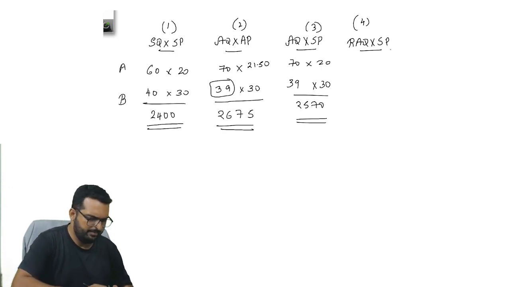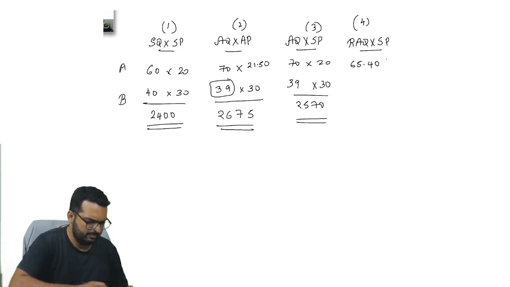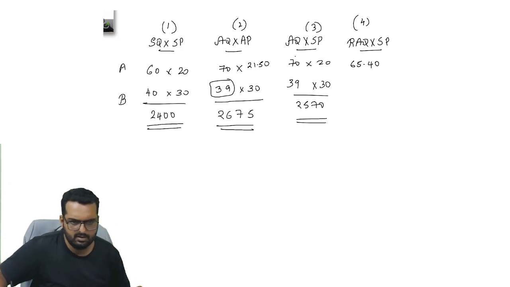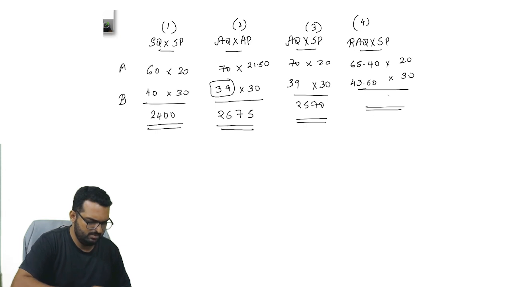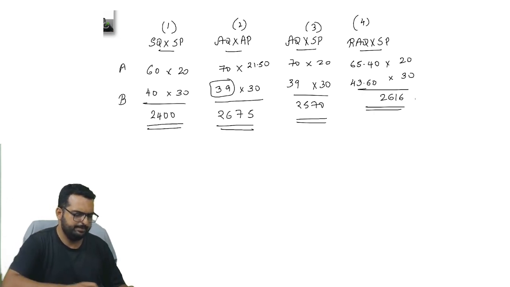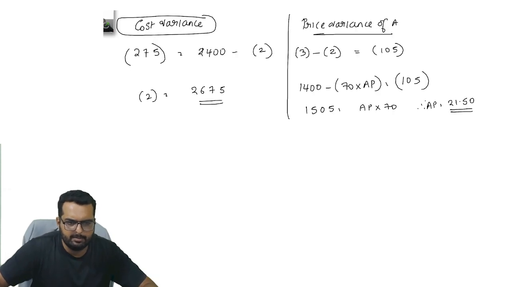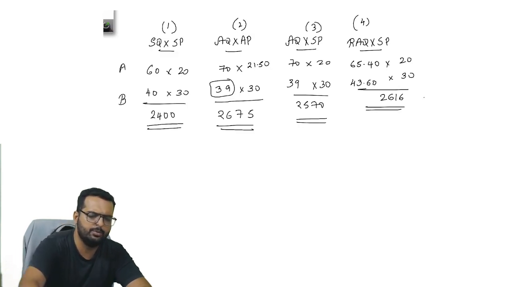And RAQ will be 70 plus 39 in the ratio of 6:4. 65.4. 2616. Am I right? All right. Everyone, please write down this and finish it off. Those who haven't got it, then you can do all the variances on your own.